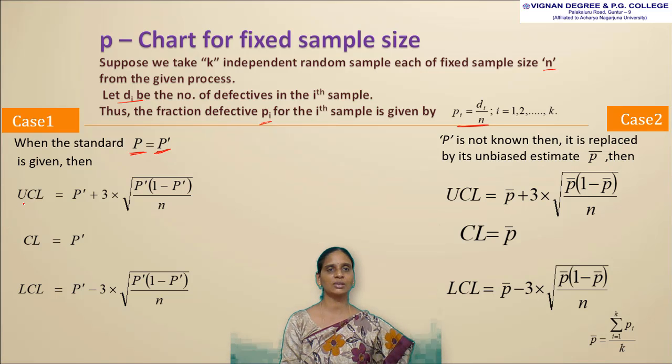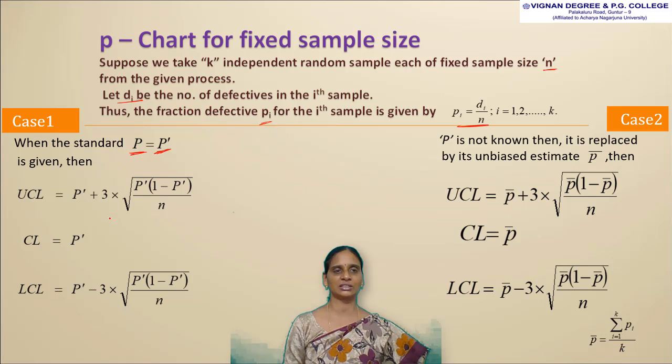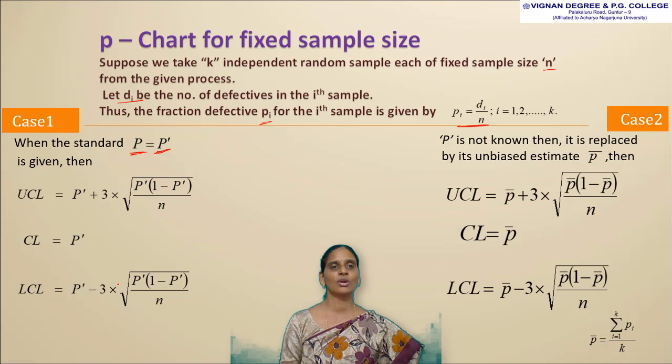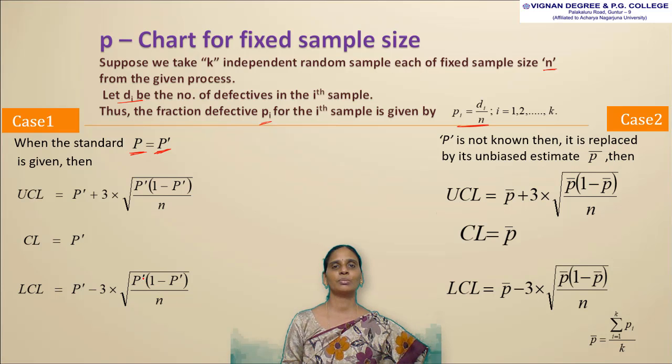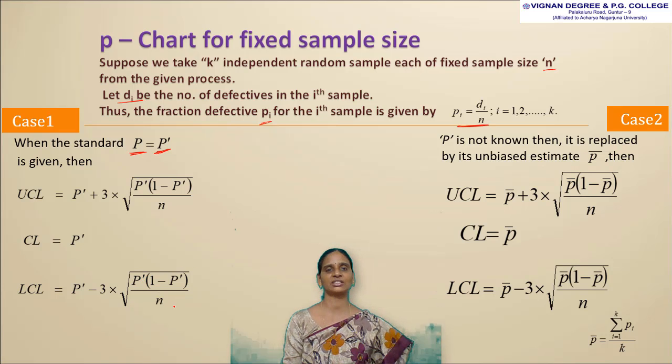Then UCL is equal to P dash plus 3 into the square root of P dash into 1 minus P dash divided by n. CL is equal to P dash. LCL is equal to P dash minus 3 into the square root of P dash into 1 minus P dash divided by n. So this is case 1.